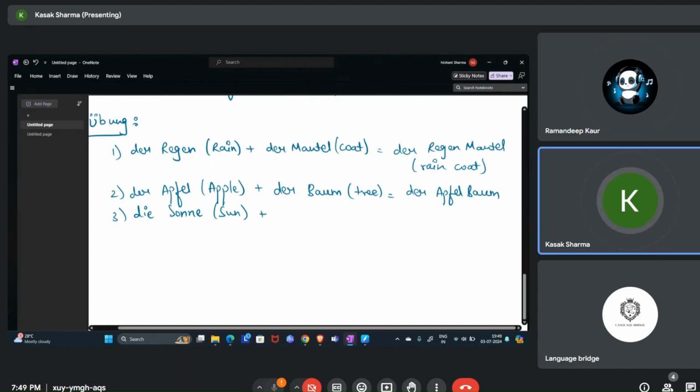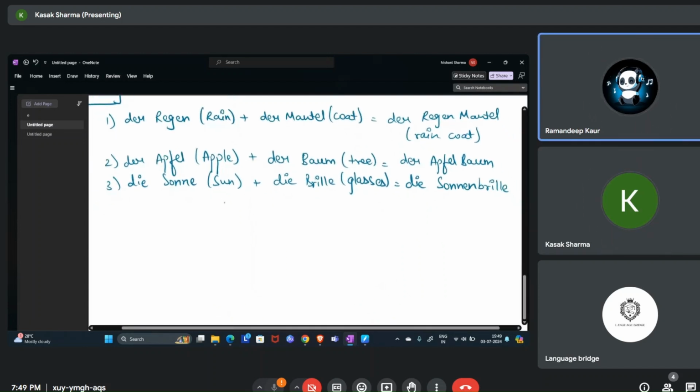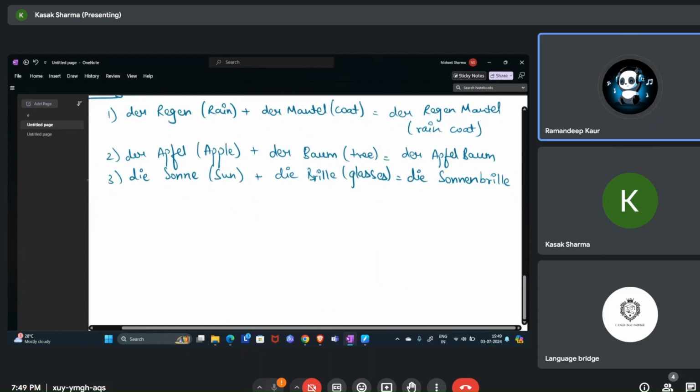Then we have die Sonne, which is sun, plus die Brille. Brille is glasses. So it will be die Sonnenbrille. Here I add an extra N. Sunglasses.